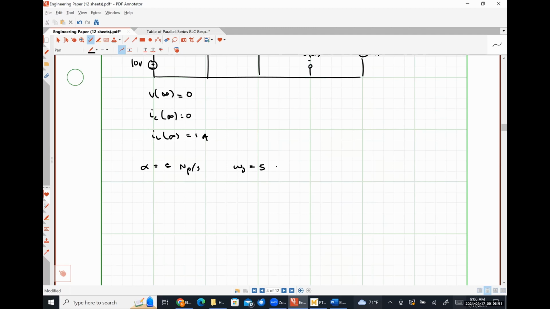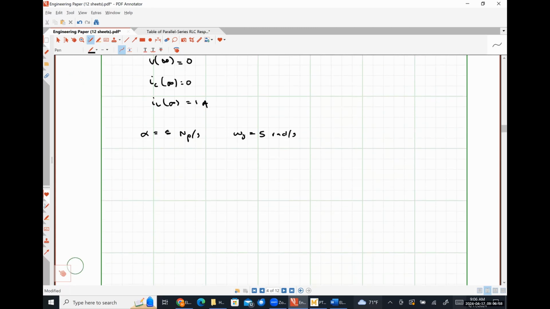Omega naught was also equal to 5 radians per second. Critically damped, they have to be equal. So we're going to wind up using the values here in a moment. So I could say that IL of t is A1 t e to the negative alpha t, plus A2 e to the minus alpha t plus IL at infinity. I believe that's correct. I don't have the table in front of me. You guys do, so tell me if I made a mistake.